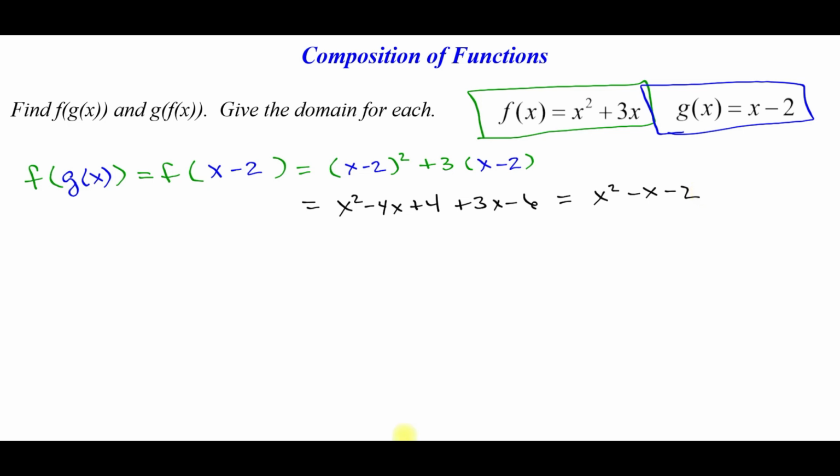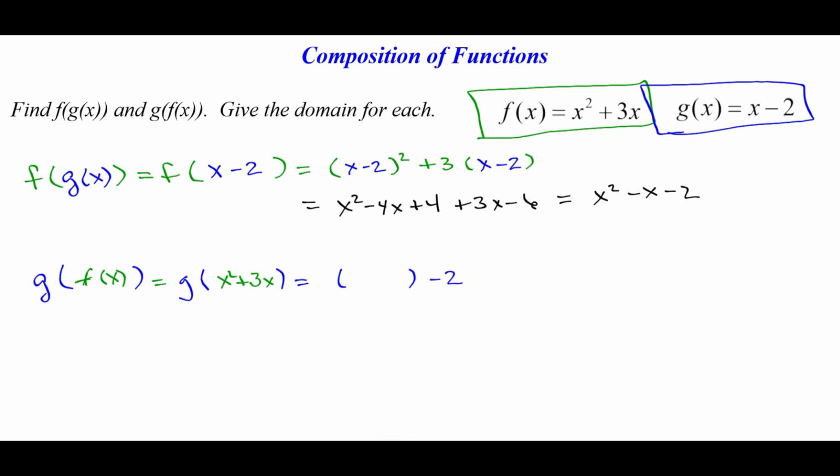Again, we're going to do the opposite order here, so now we're going to do g of f of x. So we're going to do g of, again, my smallest parenthesis is x, completely simplified. So now we're going to replace f of x with its rule, which is x squared plus 3x. So now we're going to write the g function, which says take what's in the parentheses and subtract 2 from it.